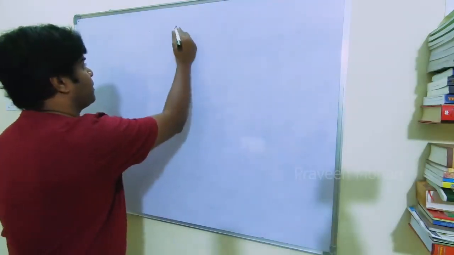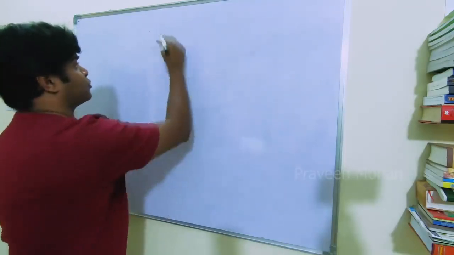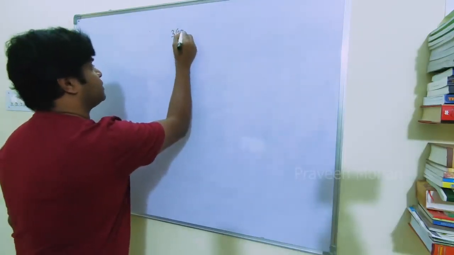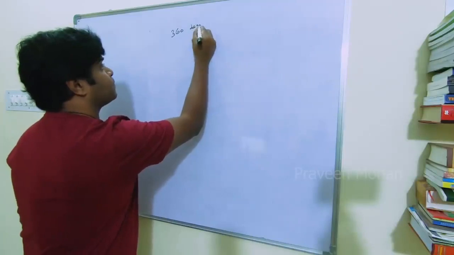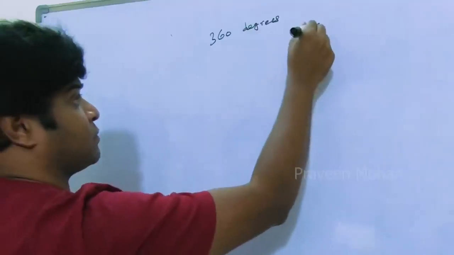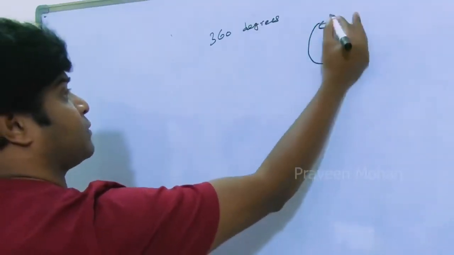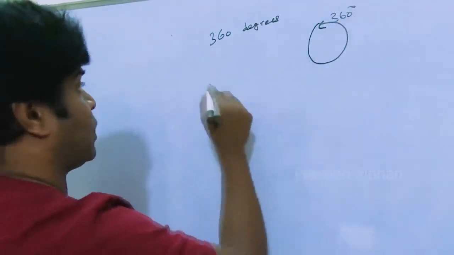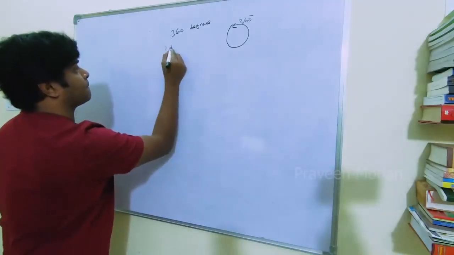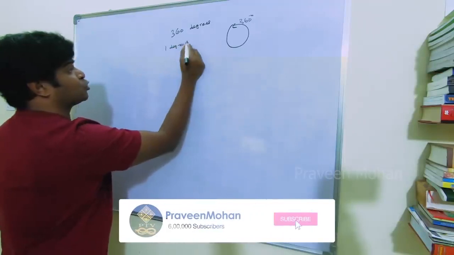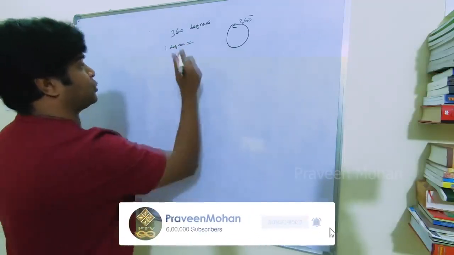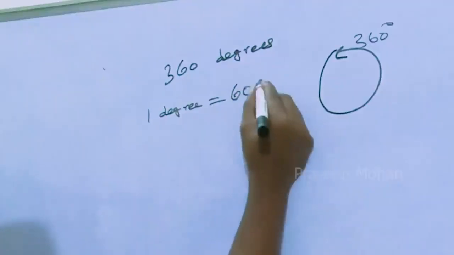Now, remember we talk about angles, right? So 360 degrees. This is the entire 360 degrees. Now, each degree is split into 60 minutes.